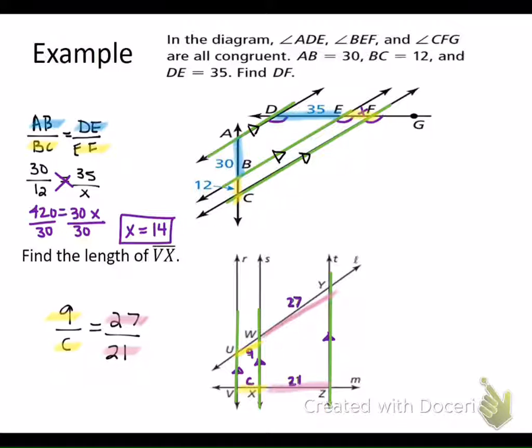But what's really important here is 9 and 27 are along the same line, and C and 21 are along the same line, so that's why those ones are together. So we cross multiply. Somebody's going to have to do 189 divided by 27.